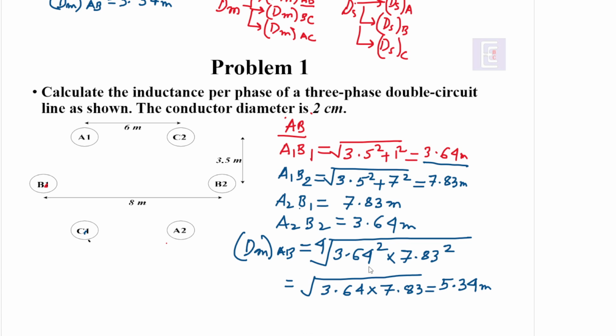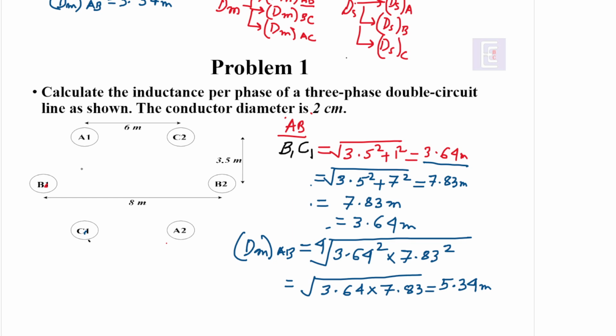Now let us consider between B and C. We have a similar sort of combination. First we have B1 C1.